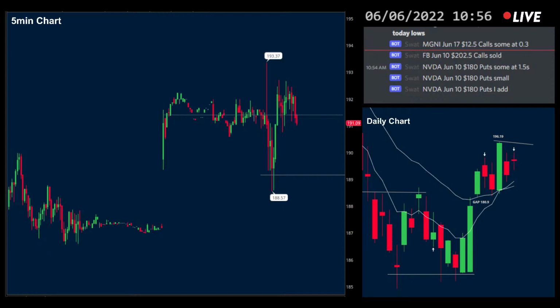Apple fading now, NVIDIA fading. Apple fading. But once again, this is a tricky market, so be careful.